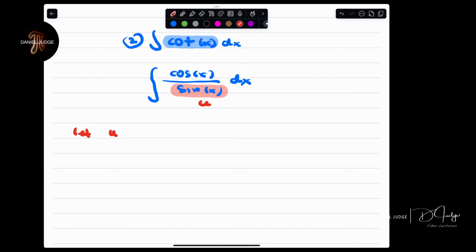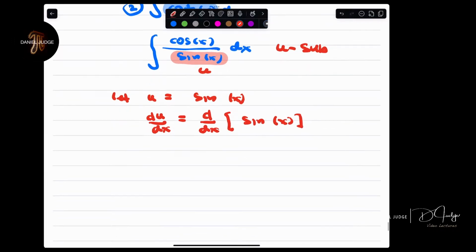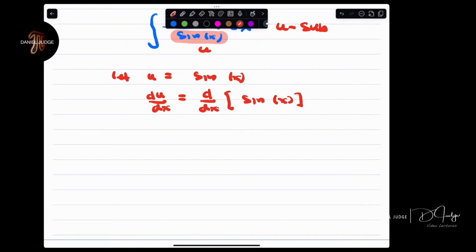So if we let u again be sine with the u sub process, that's what we're using. We're going to get now the derivative of u with respect to x. We have to differentiate sine. And the derivative of sine is going to be cosine.